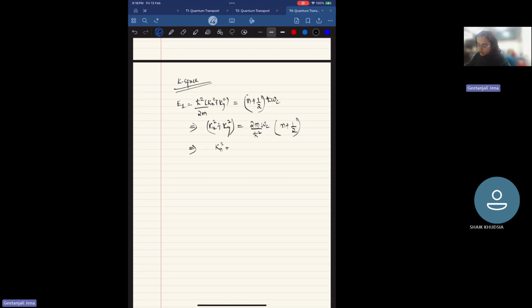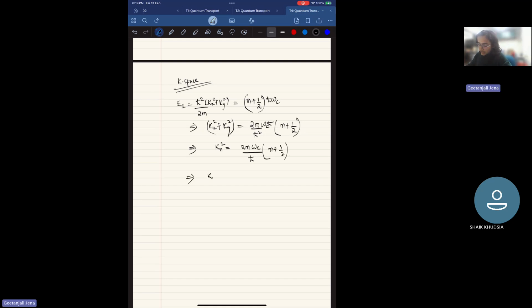So Kn square, the radius square, will be 2 m omega c by h cut, n plus half.